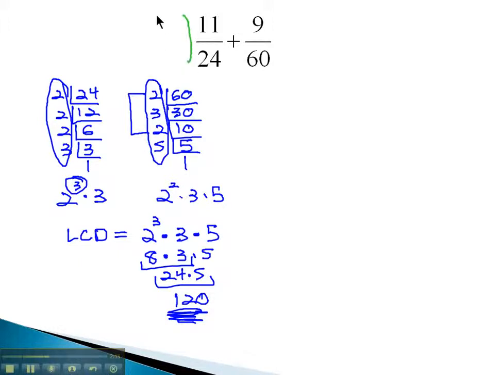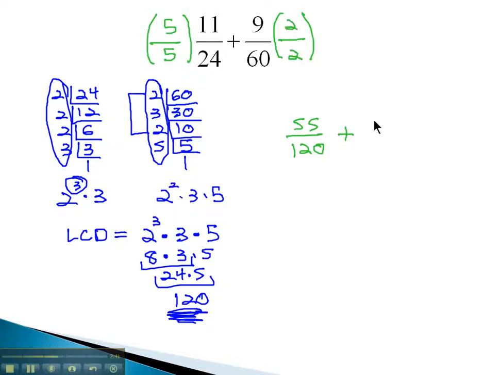So we want to build up each fraction to 120. What do we have to multiply 24 by to get 120? We multiply it by 5 in the numerator and denominator. This gives us 55 over 120, plus, what do we have to multiply 60 by to get the denominator we want of 120?